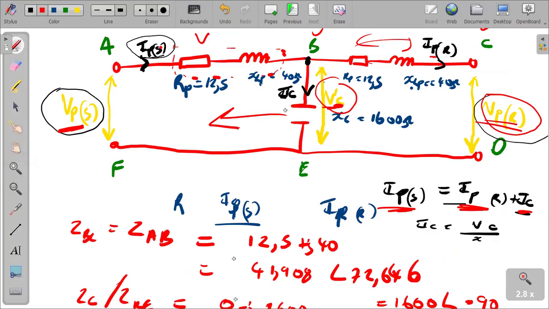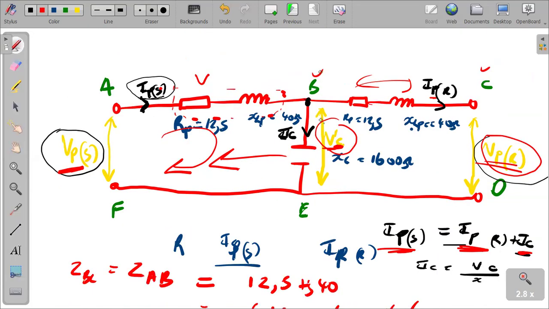Why? Because together they are now in a closed loop. According to Kirchhoff's second law, the EMF in any closed loop is equivalent to the sum of the potential differences. So our potential differences in this case are VAB and VC. VC we already have, no need to calculate. We are now calculating VAB. VAB is going to be equal to IPS, because the sending end phase current is the one passing through AB, multiplied by ZAB, and apparently ZAB is the same as ZBC.